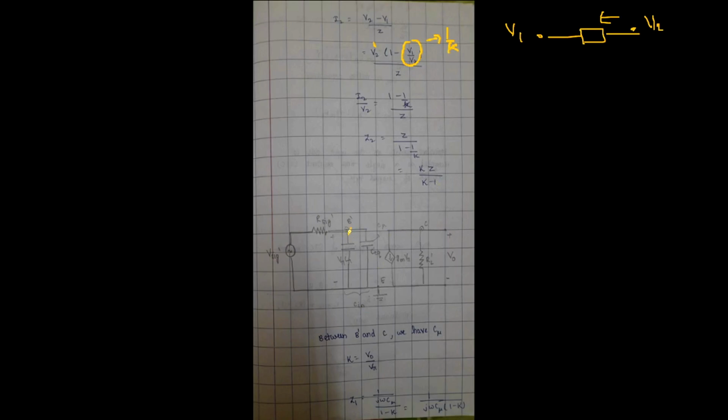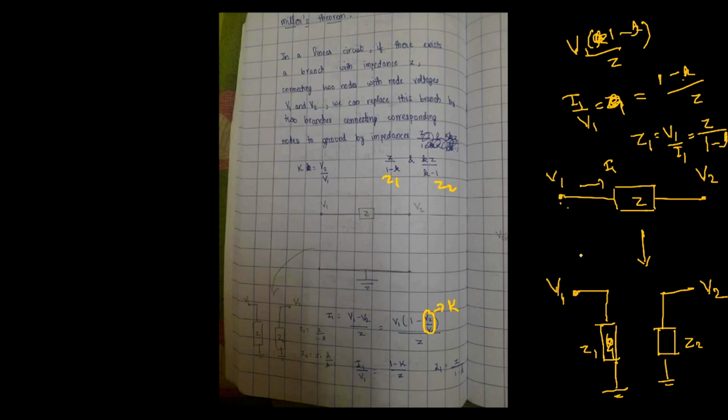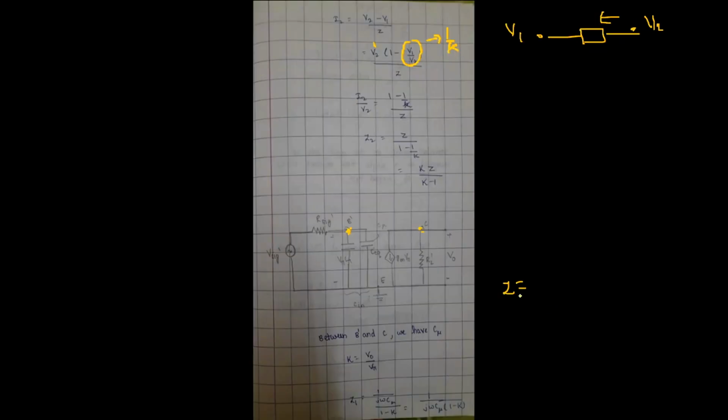Similarly, by looking at these two terminals, the V1 that we assumed so far would in this case be V pi, and V2 would be the output voltage. So we have K, and we just need to find Z. Z1 would be Z divided by 1 minus K. So what is my total impedance here?